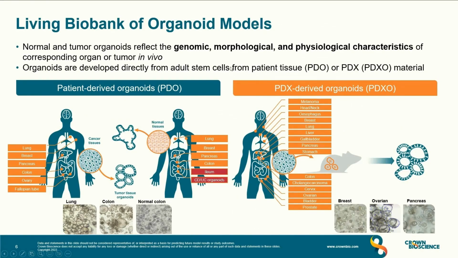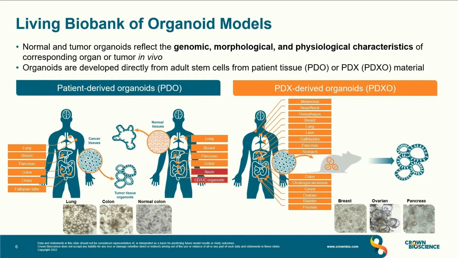You can envision this as a living biobank of tumor models coming straight from the patient. These can be normal or tumor tissues, and when isolated from the patient, they reflect the genomic, morphological, and physiological characteristics of the corresponding tumor in vivo.